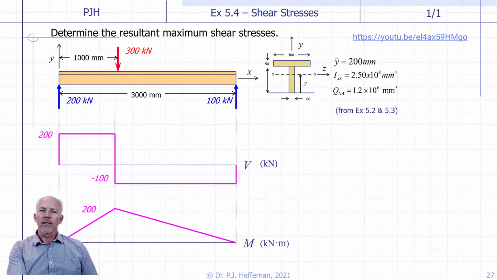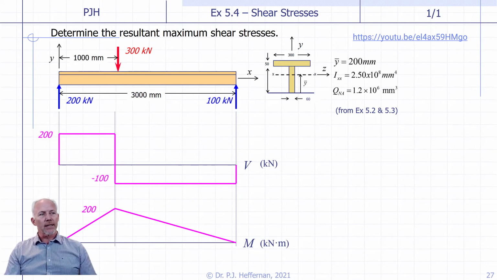But then, as we talked about in the last slide, it also needs to be a maximum within the cross-section, and that's going to happen at the neutral axis. And so you have to understand those fundamental behaviors and relationships in order to even identify where you need to do your calculation. So this one says, go and find the maximum shear stresses. If you didn't understand that, you wouldn't know where to look.